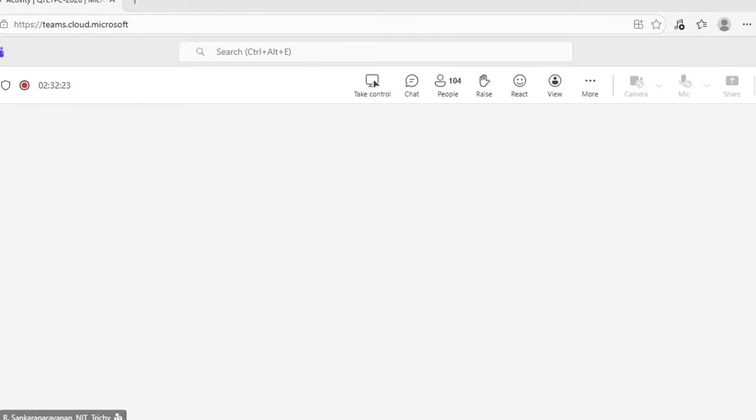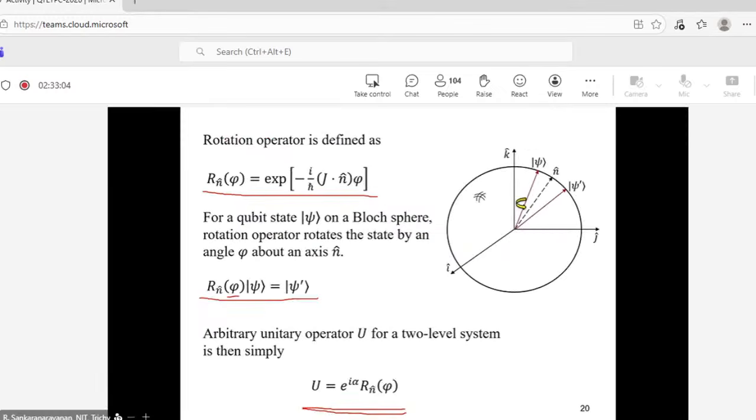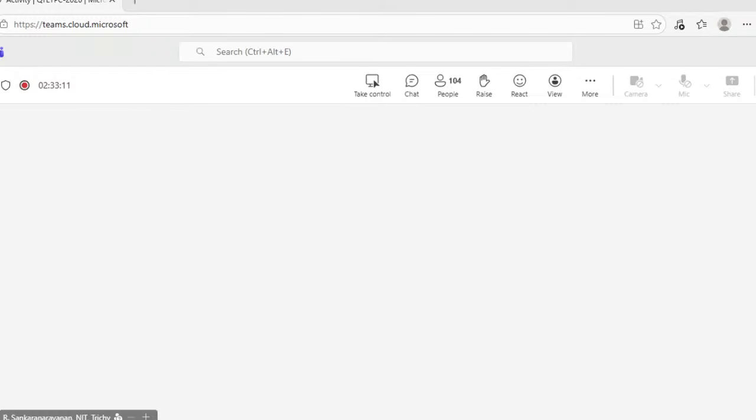And the rotation operator is actually used to construct any arbitrary unitary operator in quantum mechanics. So these are the building blocks: sigma X, sigma Y, sigma Z. You just have to choose the appropriate value of n cap and phi so that you can construct a unitary operator. The simplest single qubit unitary operators are sigma X, sigma Y, sigma Z themselves. They are Hermitian as well as unitary, as mentioned over here.